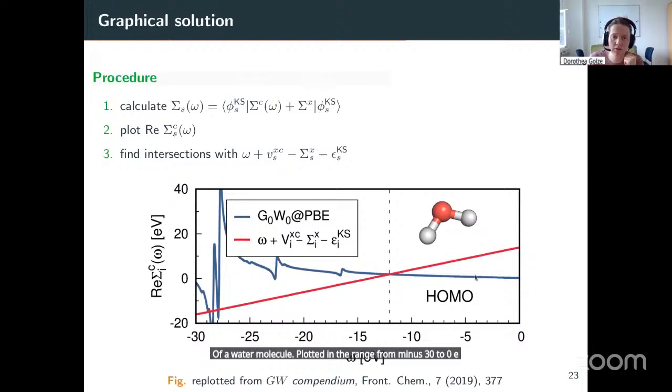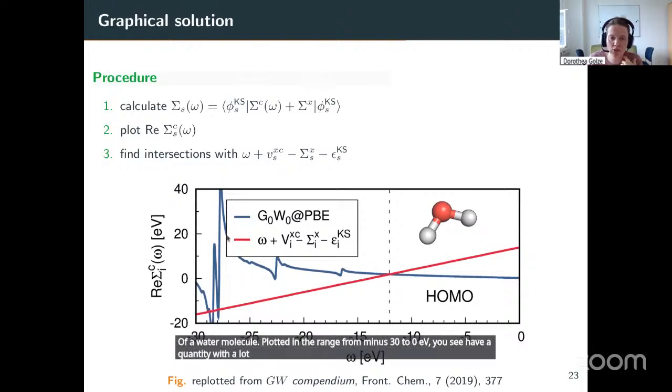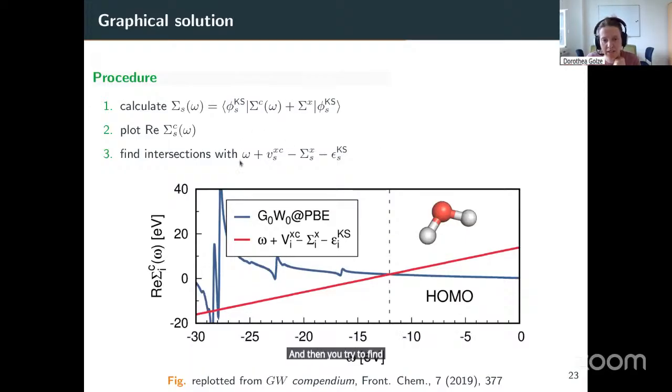You see we have a quantity with a lot of structure. These are actually poles, where you basically have a division by 0 in sigma, so it's a singularity. I just broadened it so that you can see something in this plot. And then you try to find the intersection with this straight line here. This is plotted in red, and you see the intersection here.